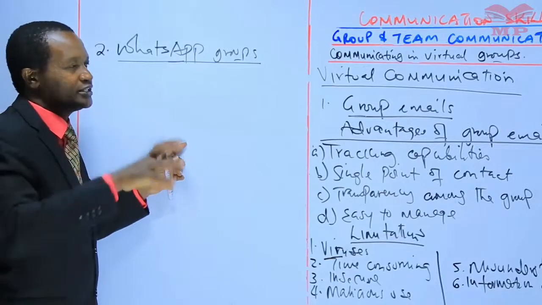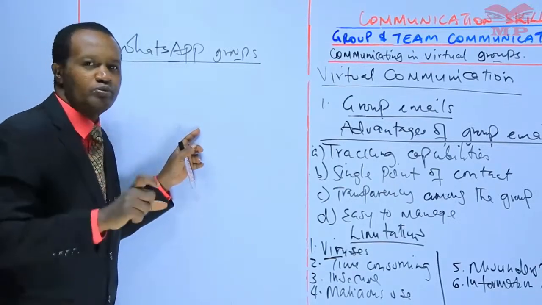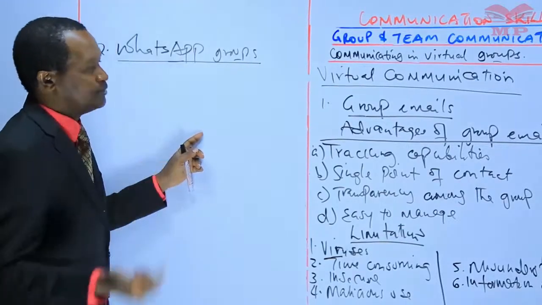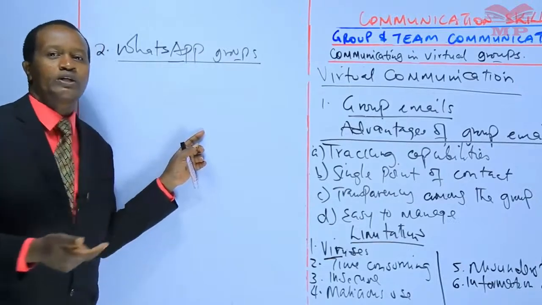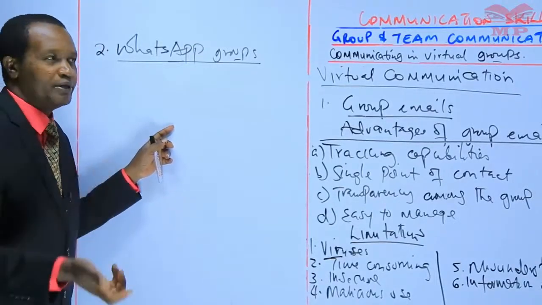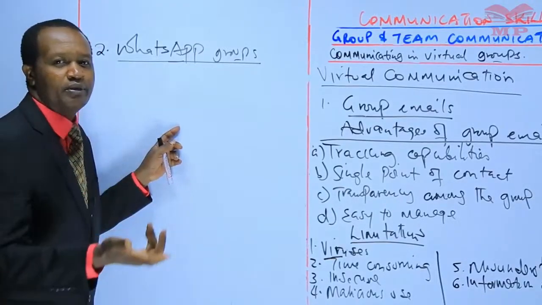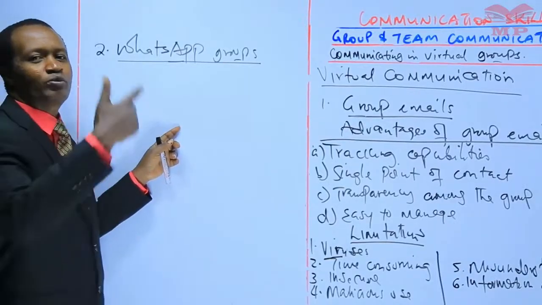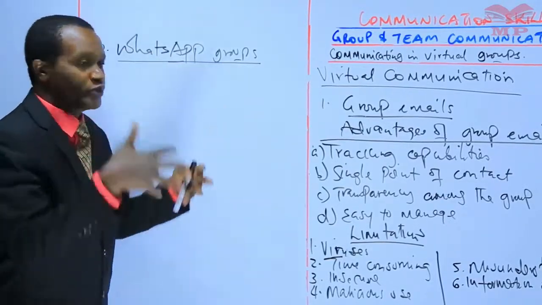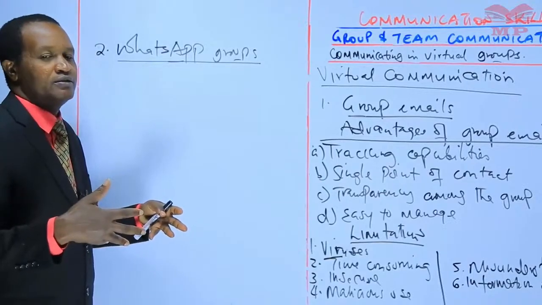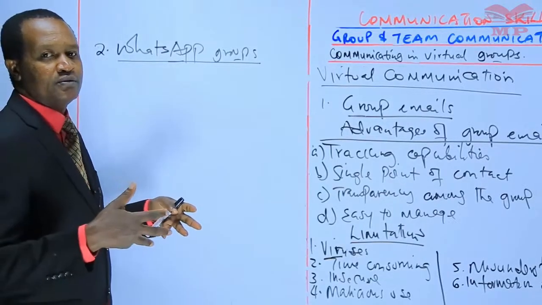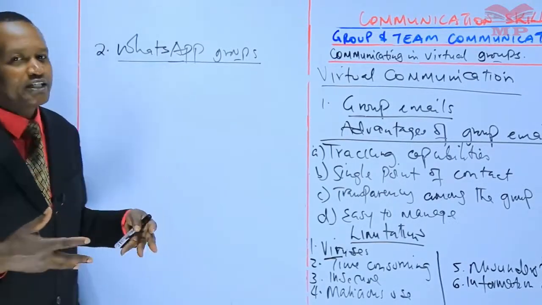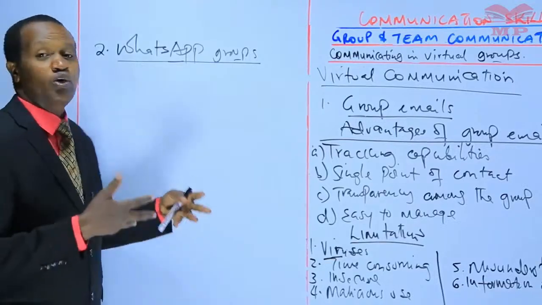And the one who creates the group, the creator of the group, has administrative privileges on WhatsApp. You can add members in the group, you can remove members from the group at any time, and also can promote other group members to become administrators. So candidates, we are talking about sharing on WhatsApp.